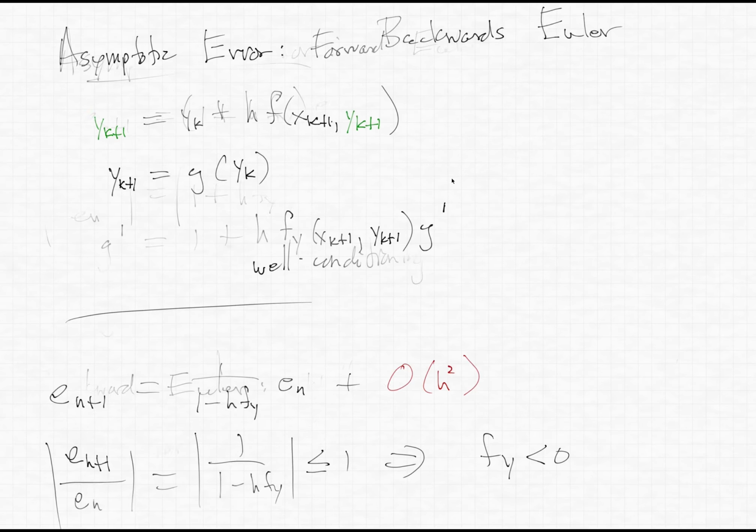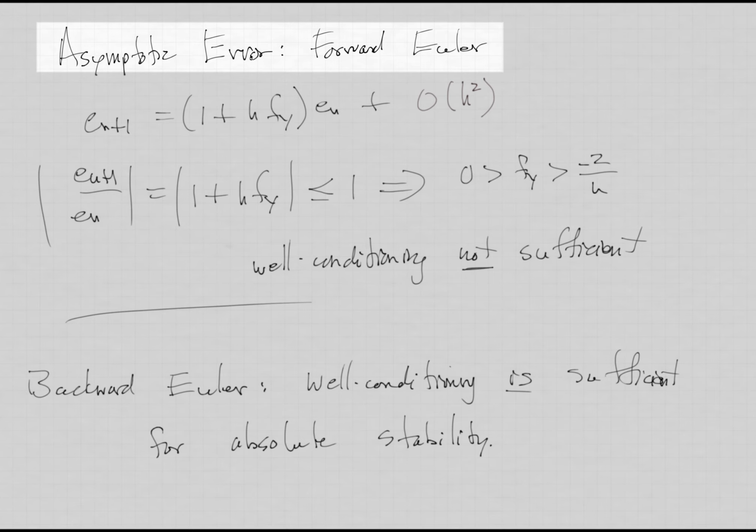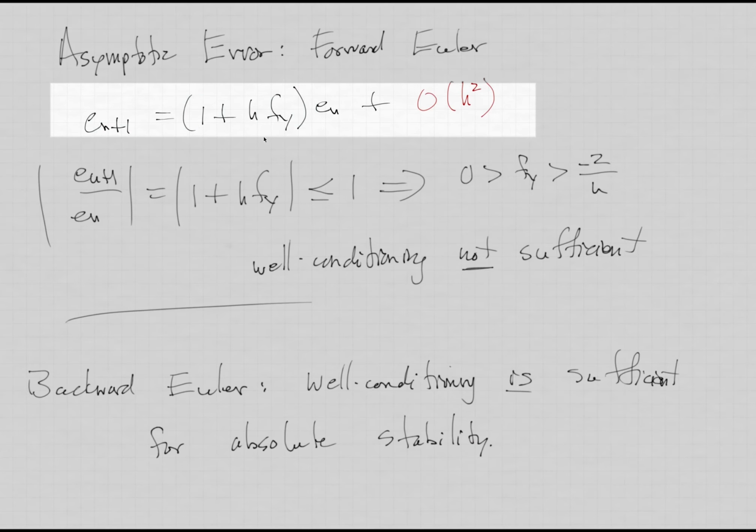Let me first take a look at the forward Euler formula over here. Remember that we came up with the asymptotic error for the forward Euler formula. It basically said that e sub n plus 1 equals 1 plus h times f sub y, where f sub y has to be evaluated at a particular intermediate point, times e sub n, and then there's an extra term that's of order h squared.